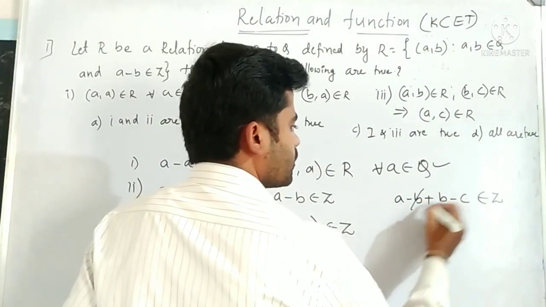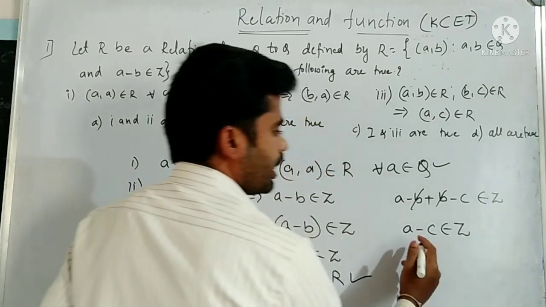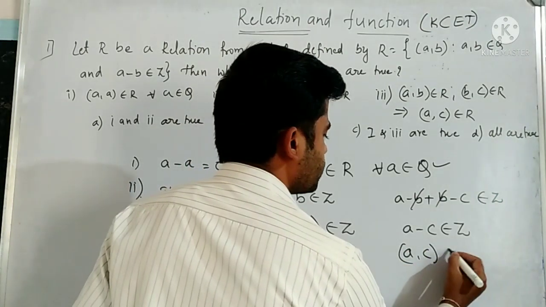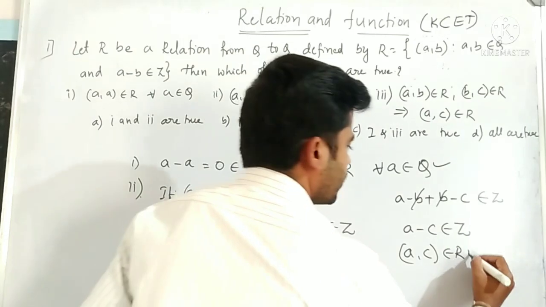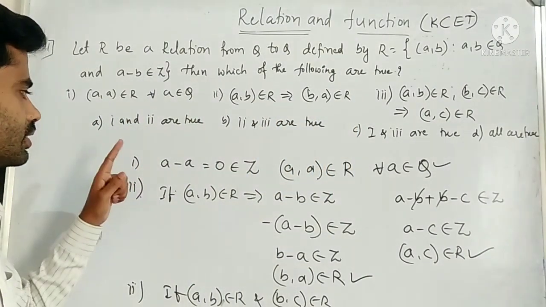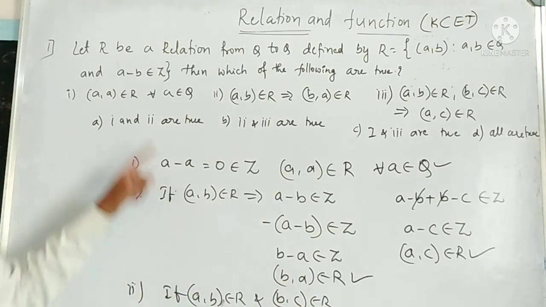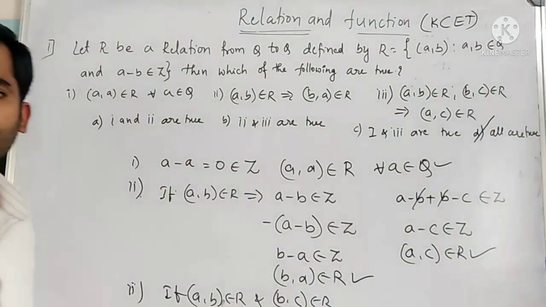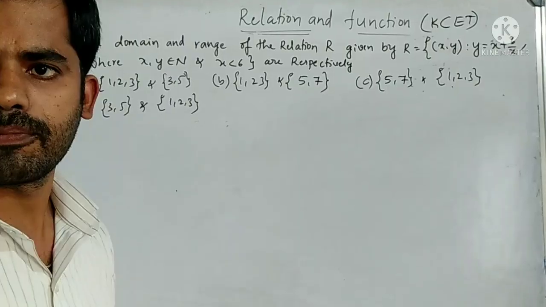Therefore, minus b plus b get cancelled, and a minus c belongs to the integers. A minus c belongs to the integers is nothing but (a, c) belongs to the relation. Hence, it is a transitive relation also. It is reflexive, it is symmetric, it is transitive. Therefore, all three are true. Okay, let me move on to the next question.